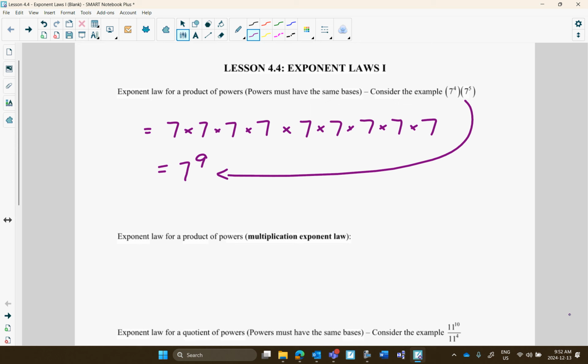Like if I said, okay, 6 to the 8th times 6 to the 3rd, write that using one power. 6 to the 11th, right? Because you just add the exponents, and the base stays at 6. That's it. That's the multiplication exponent law.